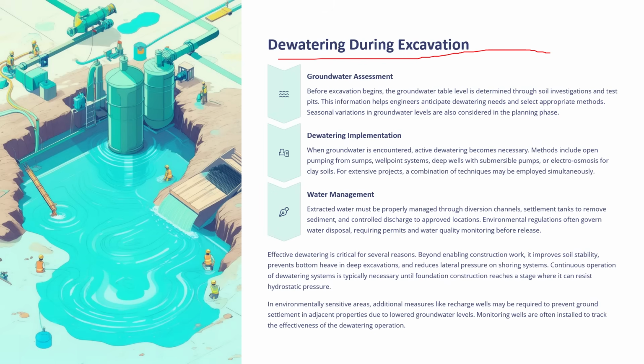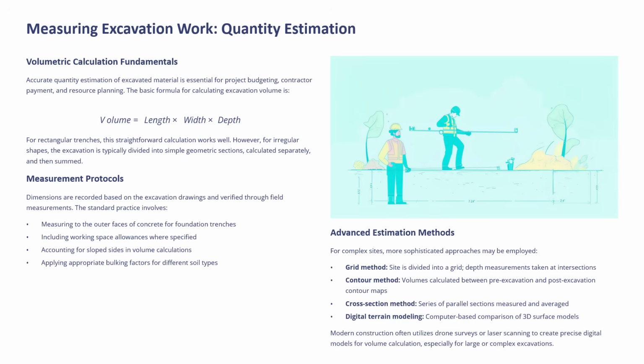In environmentally sensitive areas, additional measures like recharge wells may be required to prevent groundwater settlement in adjacent properties due to lowered groundwater levels. Monitoring wells are installed to track the effectiveness of dewatering operations.